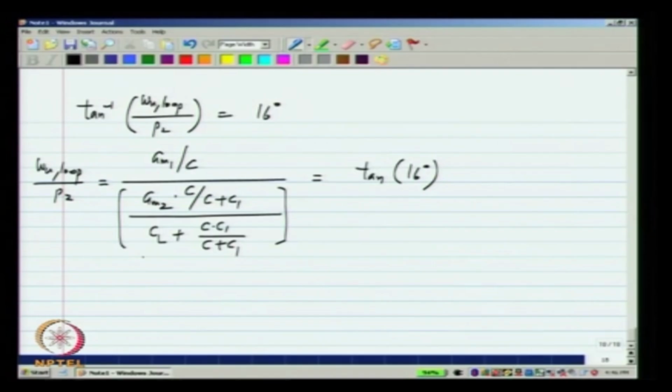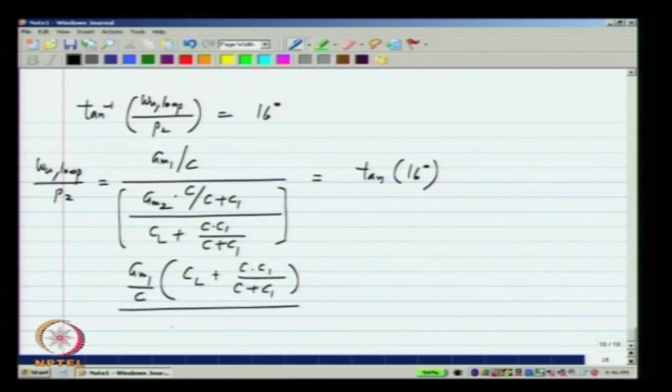Now, I will expand this out, I will get, equals tan 16 degrees.